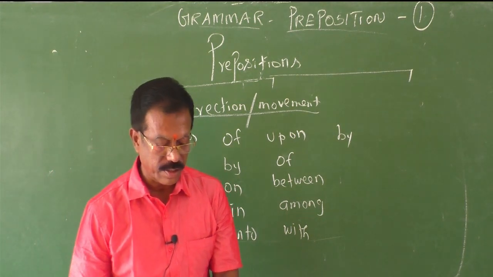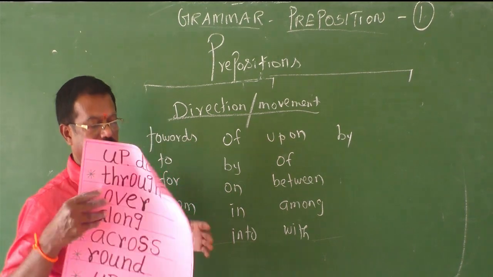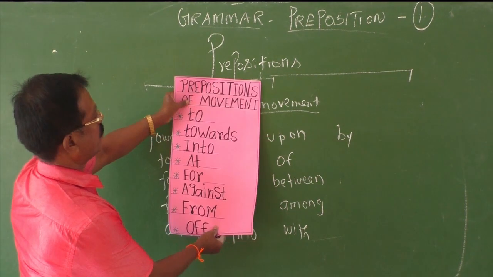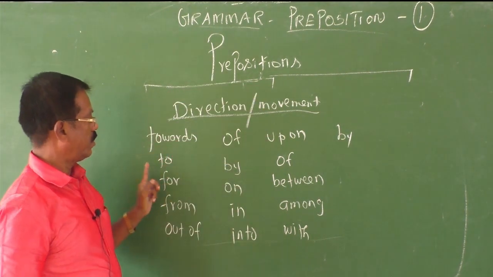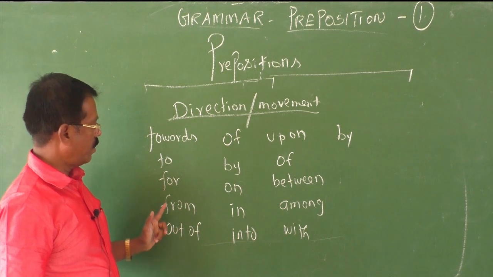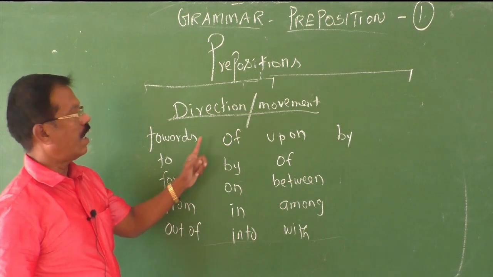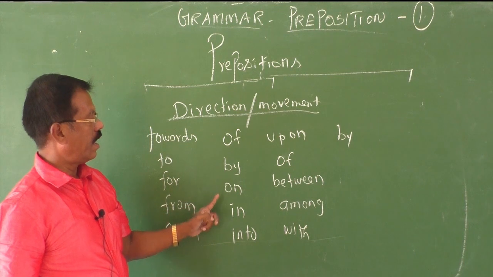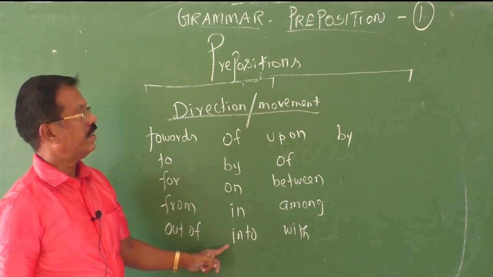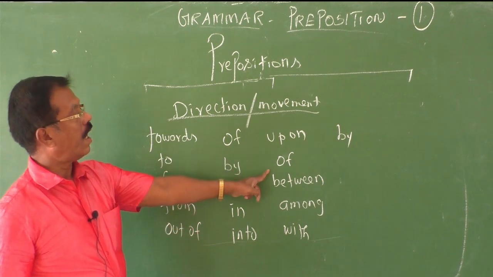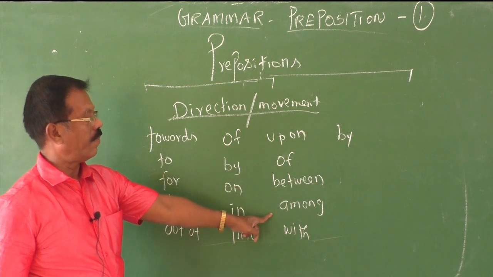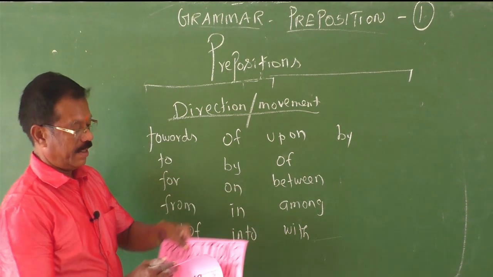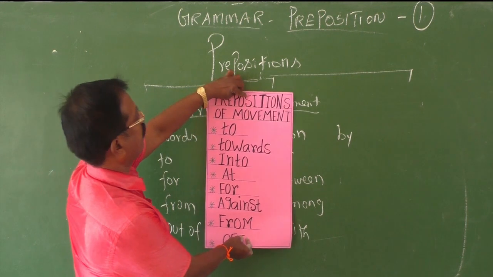I'll show you the chart. It will help you to understand. See the prepositions: towards, to, far from, out of, by, on, in, into, upon, of, between, among, with, and by. Now look at the chart, children.